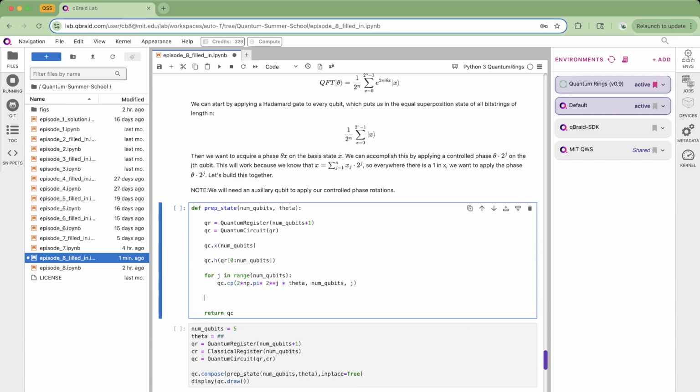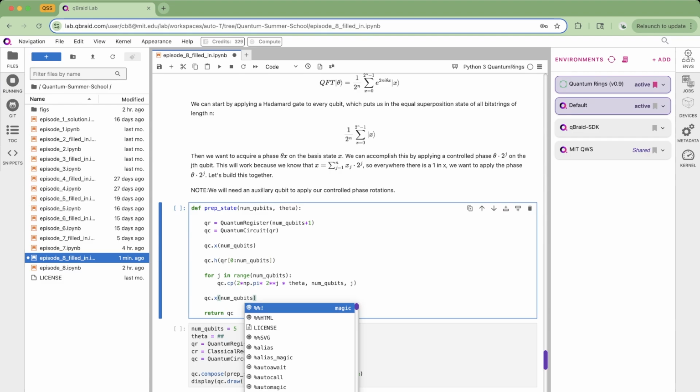The C phase gate is symmetric, so it really doesn't matter which is the control and which is the target. And then for completeness, we can apply an X gate on the auxiliary qubit again to return it to its original state.